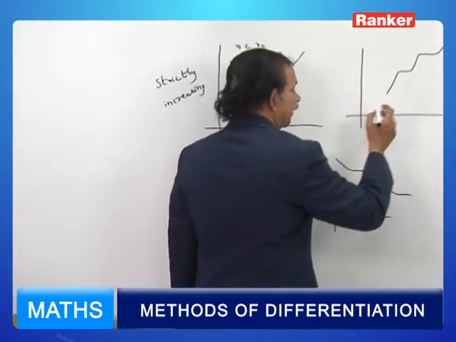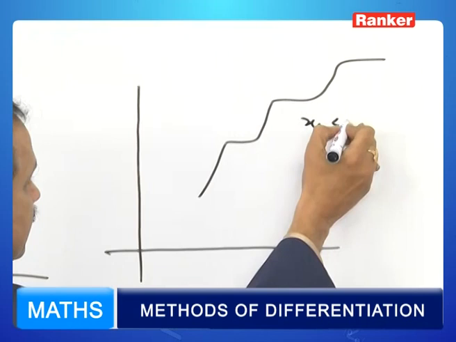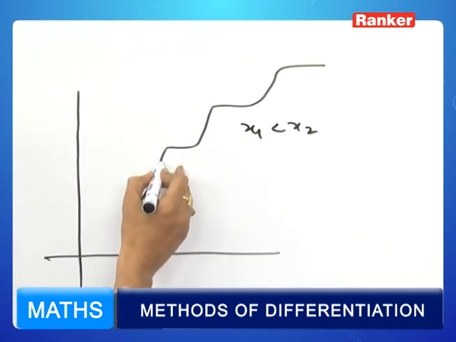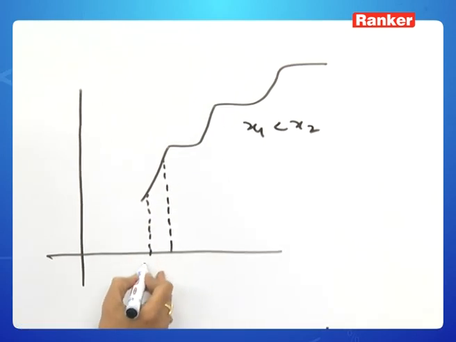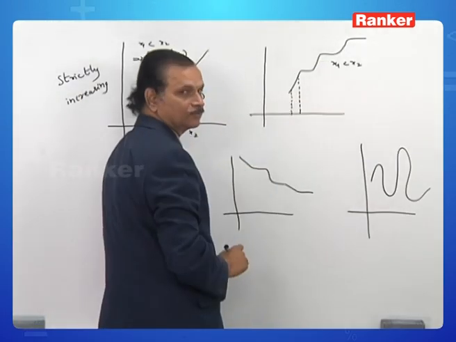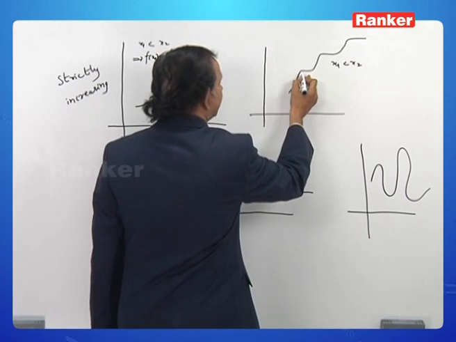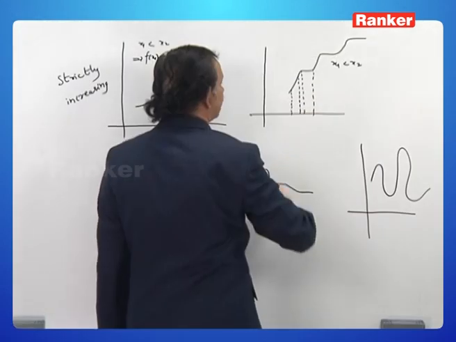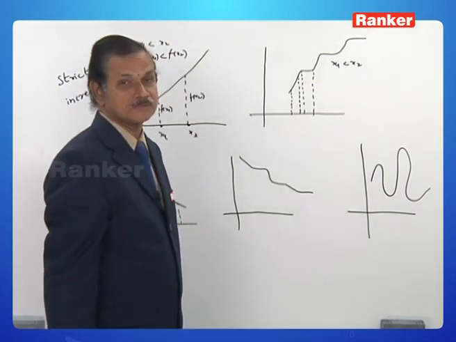Here, x1 less than x2. Suppose I take x1 here, x2 here. Then f of x1 is less than f of x2. Suppose I take x1 here, x2 here. Then f of x1 is equal to f of x2.